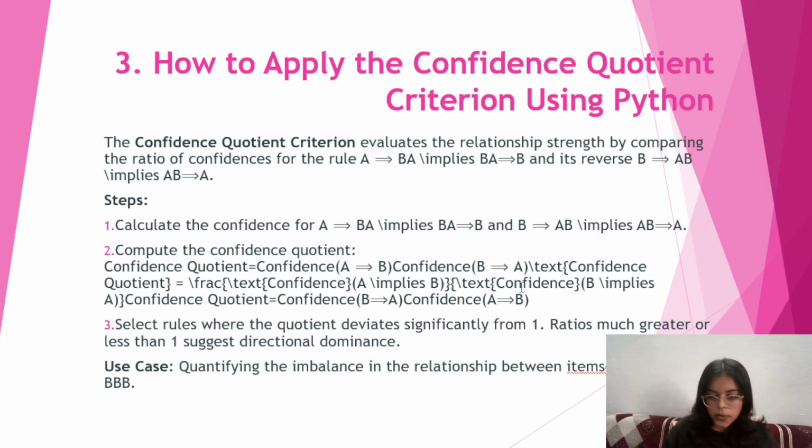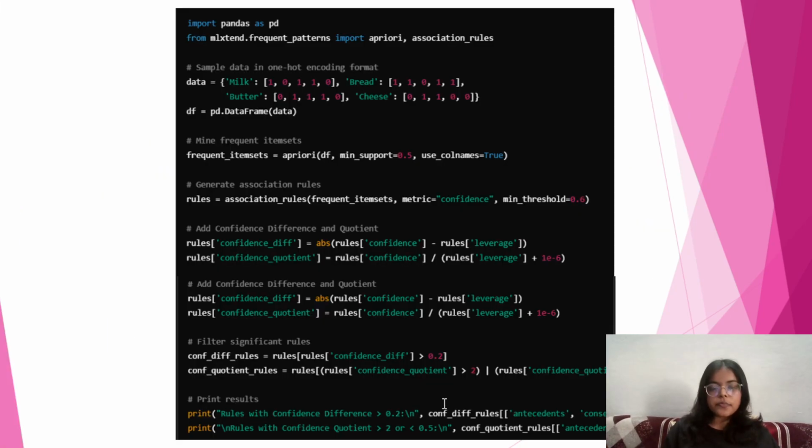I have written this formula, read it once. Then third, select rules where the quotient deviates significantly from 1. These are mostly used in cases where there is an imbalance in the relationship in the item set.